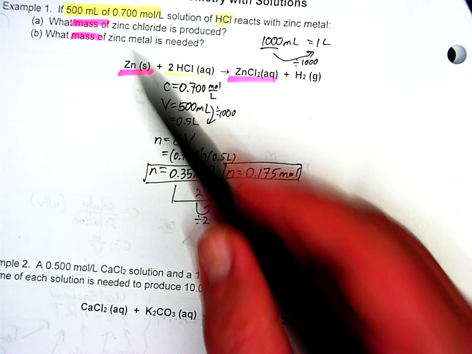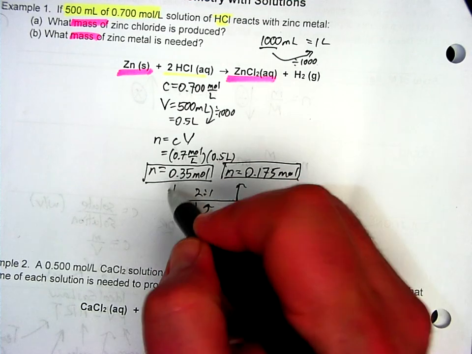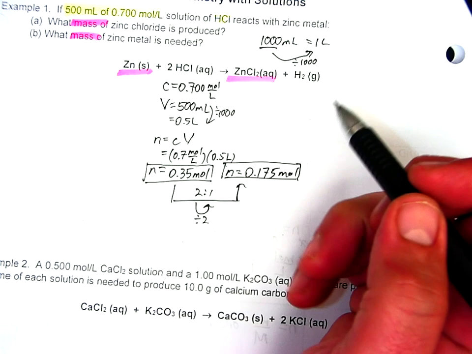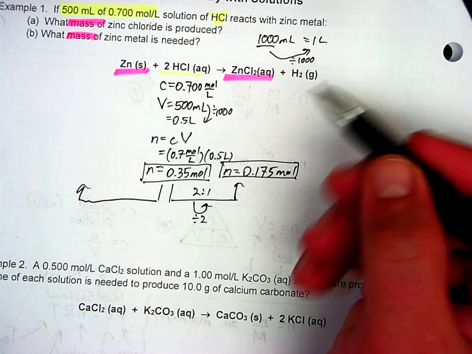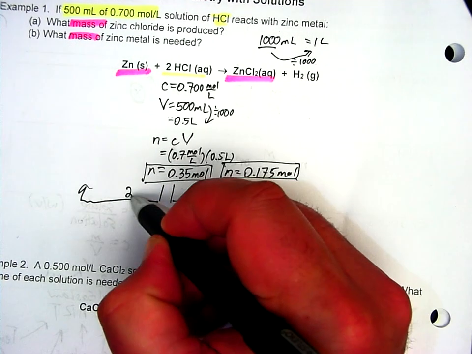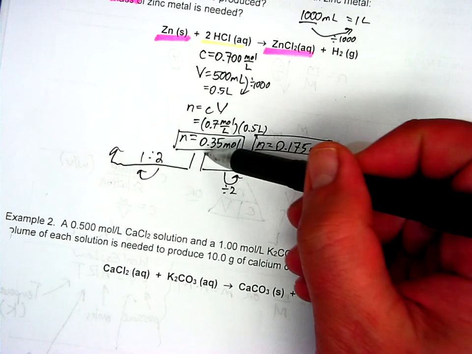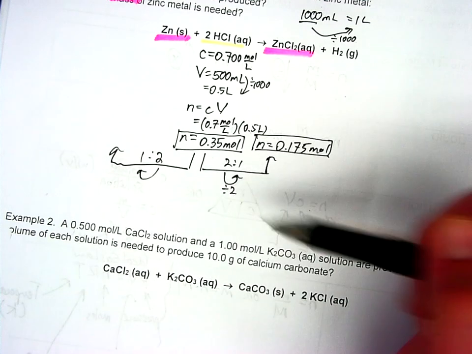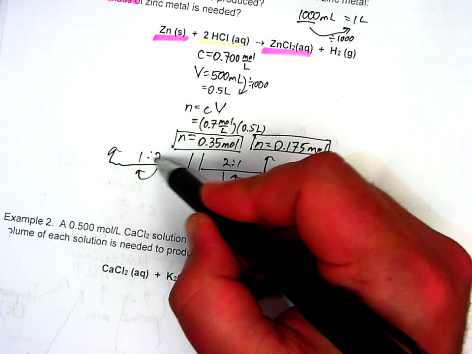Might as well, I know I'm going to figure out the same thing for zinc metal. So I've got to go from the moles of HCl to the zinc. And again, I'm going from 2 to 1. I want you to notice the direction of my arrow kind of shows me the way I'm changing these numbers. It's 2 down to 1.